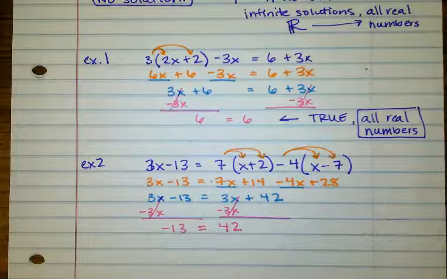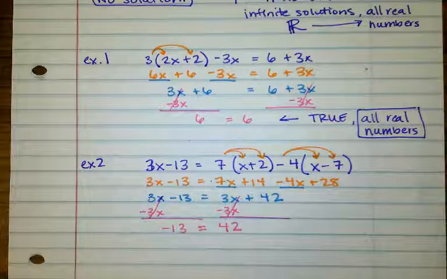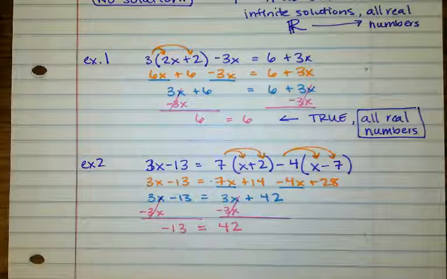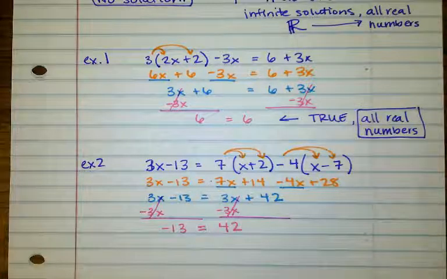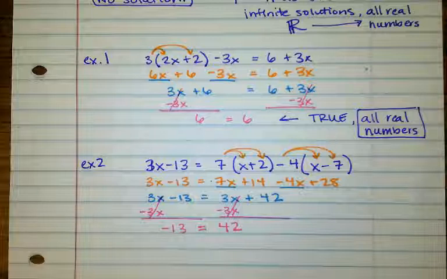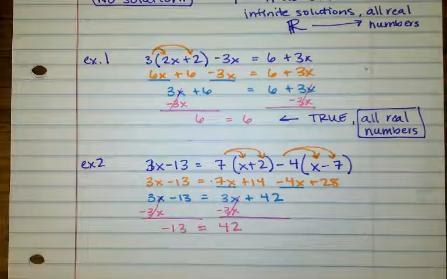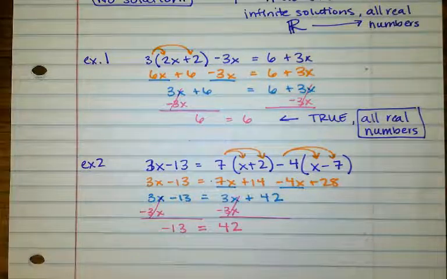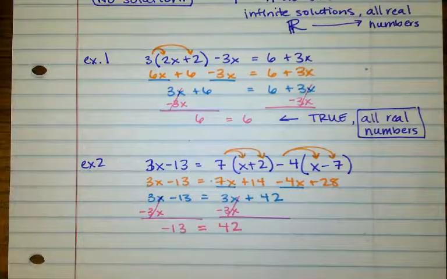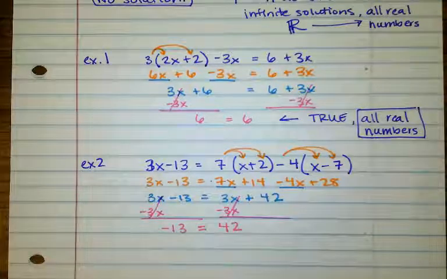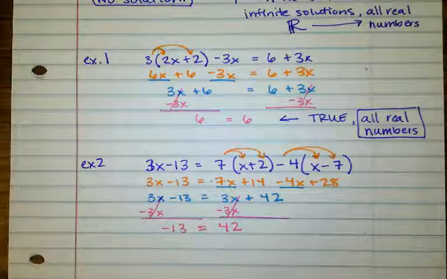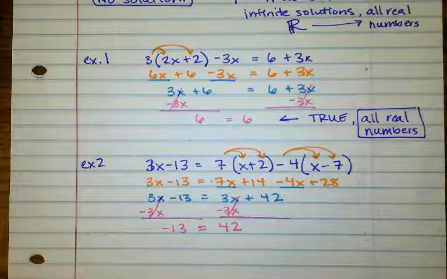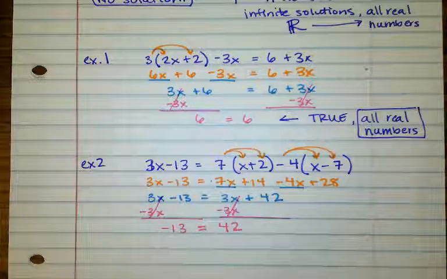If I plugged in a 0, both sides would be equal to 6. If I plugged in a 1, both sides would be equal to 9. It doesn't matter what number you pick. If I plugged in 1.26847, both sides would be equal to each other. So any number you put in would be a solution in this case.